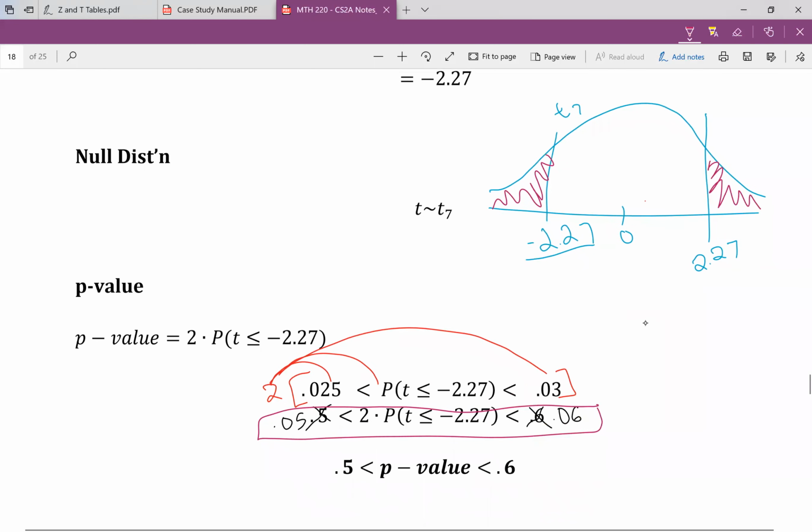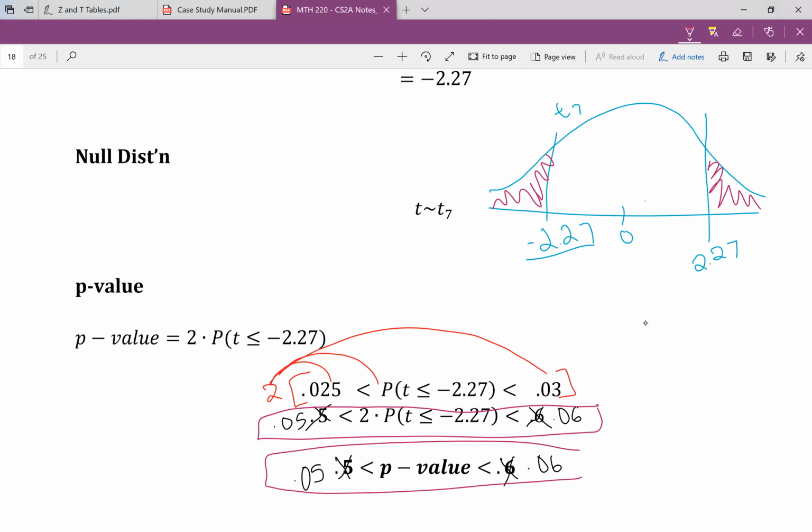Again, I transcribed that a little bit off. It should be 0.05 and 0.06. The 0.06 is coming from 0.03 times 2. The 0.05 is coming from 0.025 times 2. So either of what I have in those pink boxes is going to be fine, and that also represents our pink shaded region up at the top.